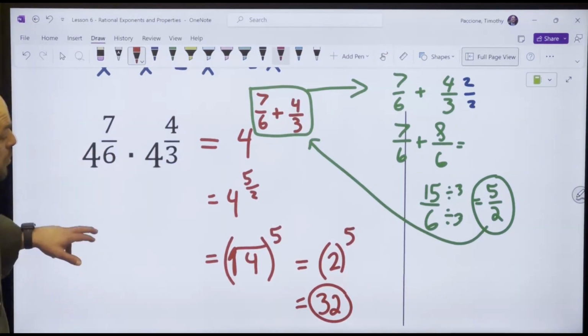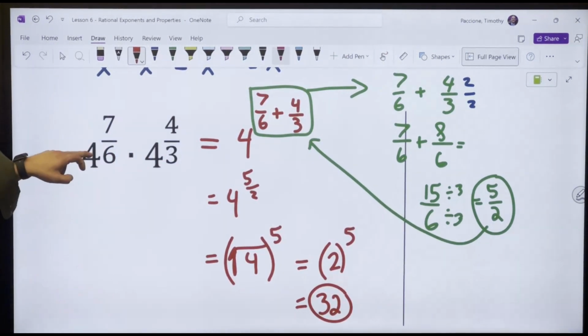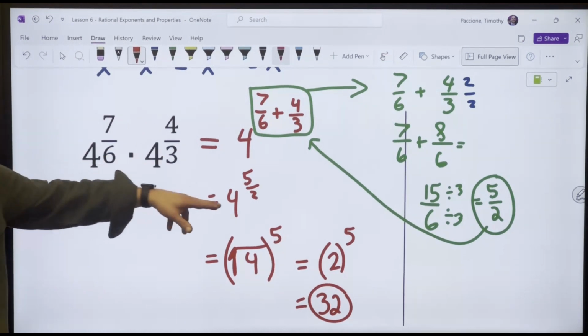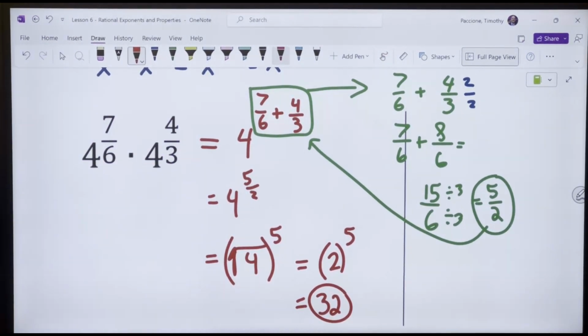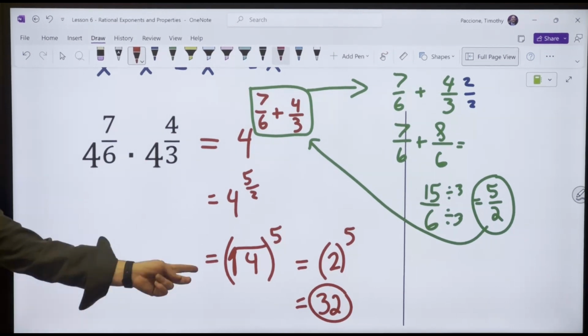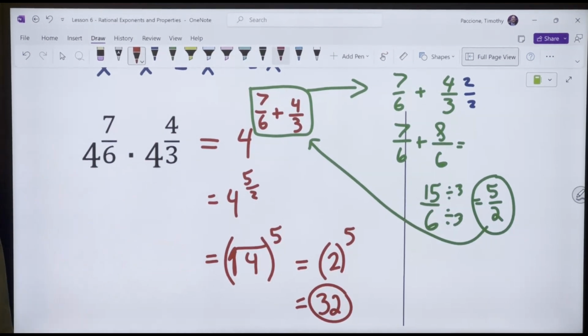Okay? So it turns out 4 to the 7/6 times 4 to the 4 thirds is 32. Okay? So that's your process. You have to apply the properties, then use your knowledge of adding, subtracting, multiplying fractions, and simplifying. Put it back in, and then evaluate.